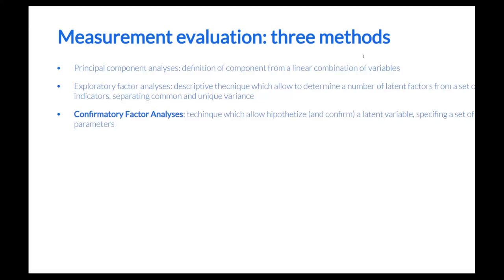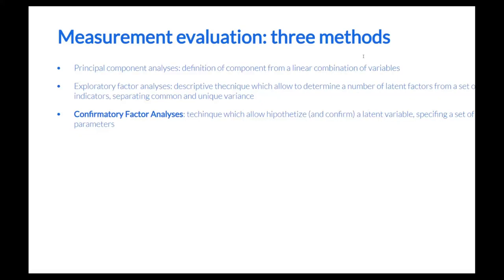And there is some difference from the other two approaches. Exploratory factor analysis is a descriptive technique which allows us to determine the number of latent factors from a set of indicators, separating the common and unique parts of the indicators. And confirmatory factor analysis is a technique which allows us to hypothesize, and hopefully confirm, the existence of a latent variable, specifying a set of parameters.